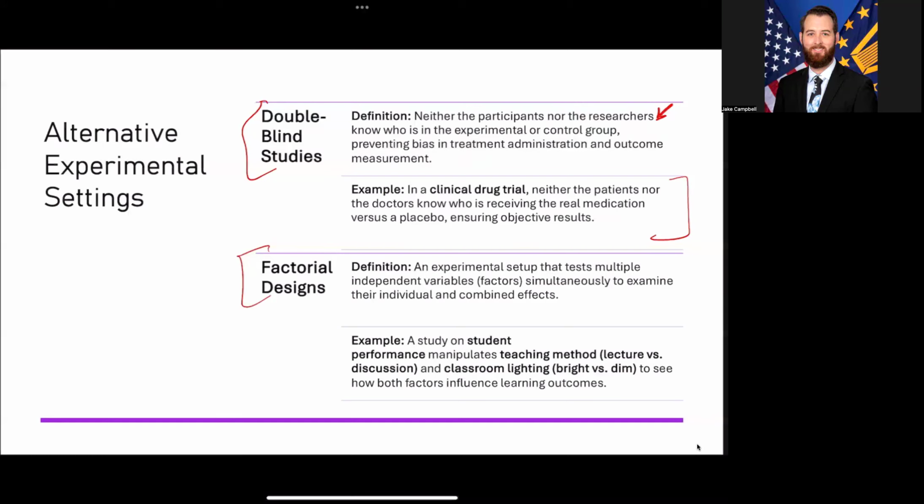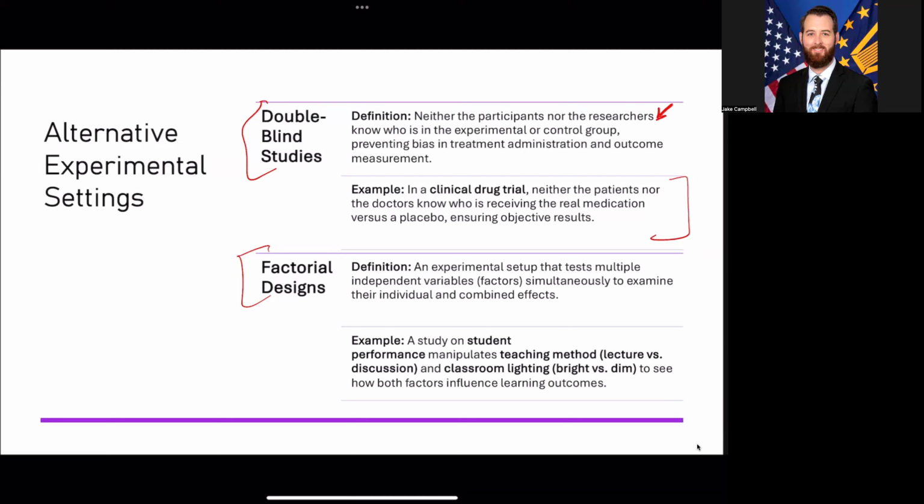There's a thing called factorial designs. This is where we might set up multiple tests of different simultaneous manipulations to look for differing or combined effects. For example, I might be interested in doing an experiment on student performance, and so I might be looking at the difference between lecture versus discussion-based classes and whether or not that impacts student performance.